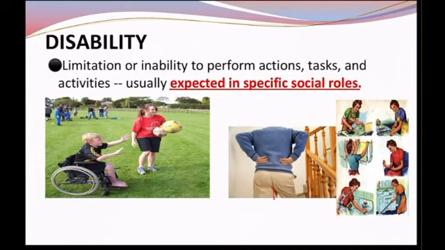But some of the roles of other people are their roles as a parent, as a teacher, as a homemaker. If a person cannot perform their expected roles because of their impairments or functional limitations, then this is called a disability.